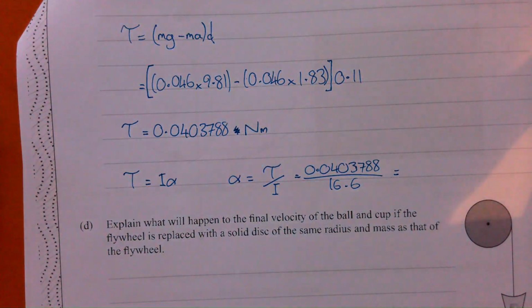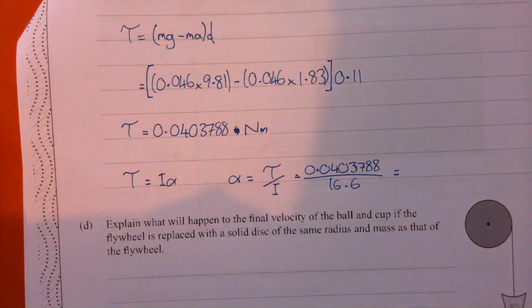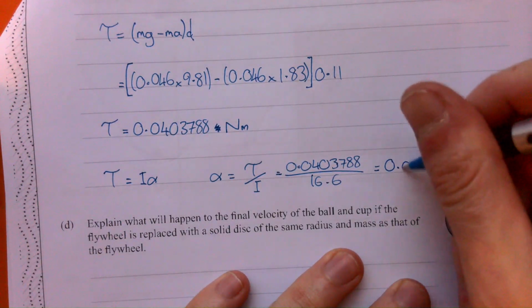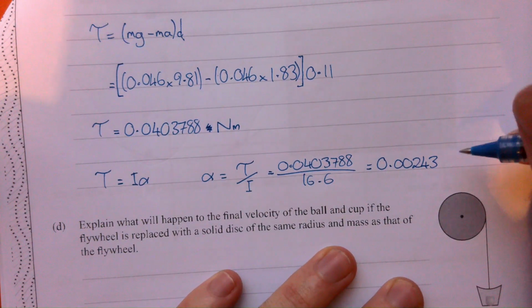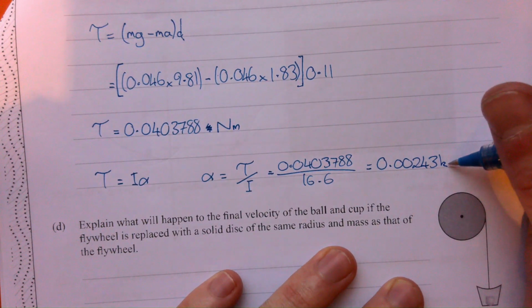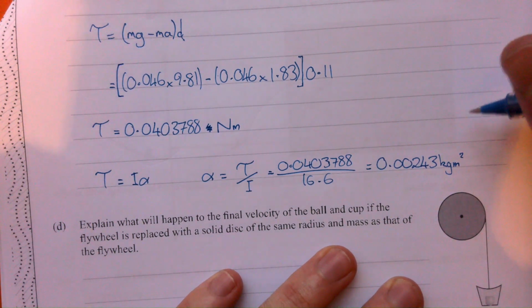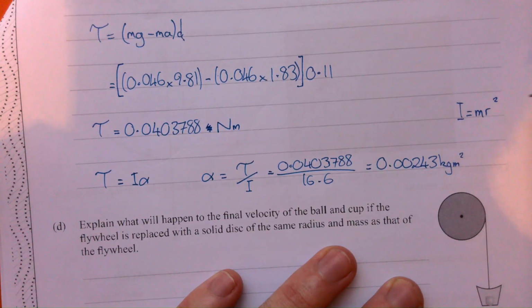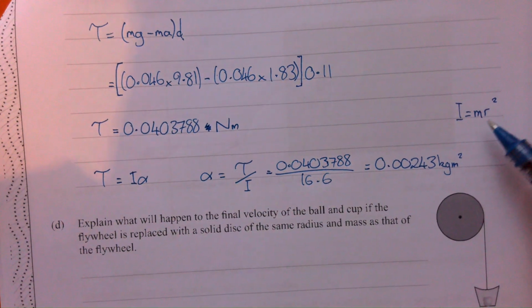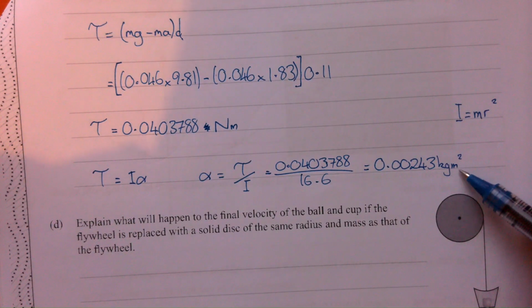And if you've left your answer in your calculator, it saves a bit of typing to get 0.00243 kilogram meters squared. If you do remember the rough equation for, or one of the equations for rotational inertia, we've got mass multiplied by radius squared, so the units are kilogram meters squared.